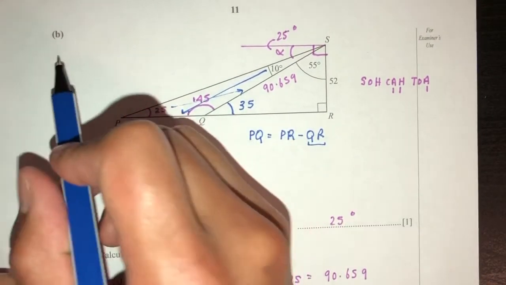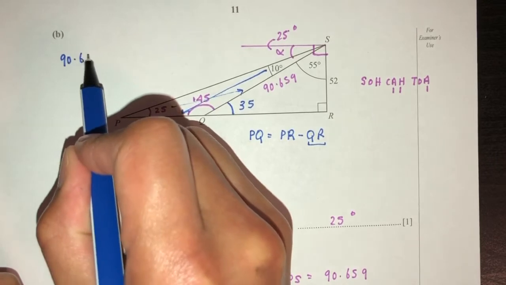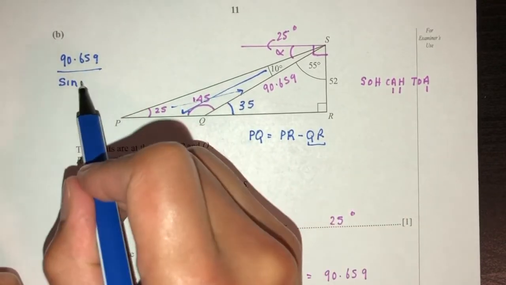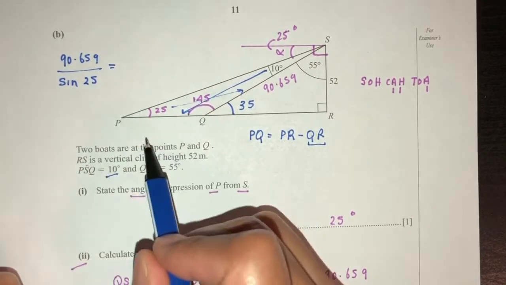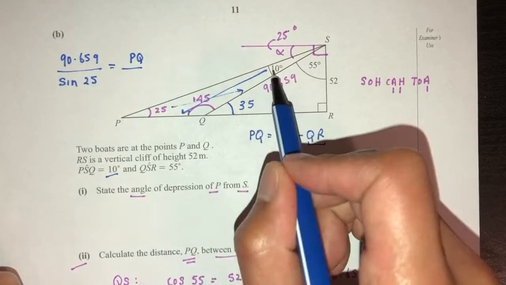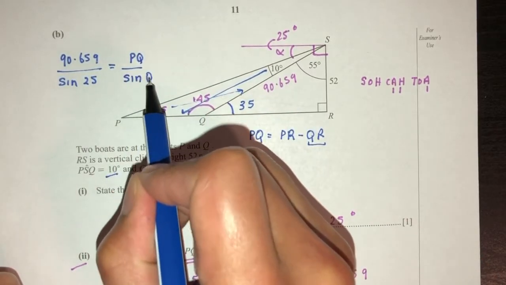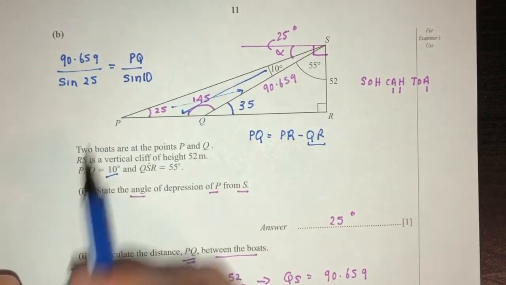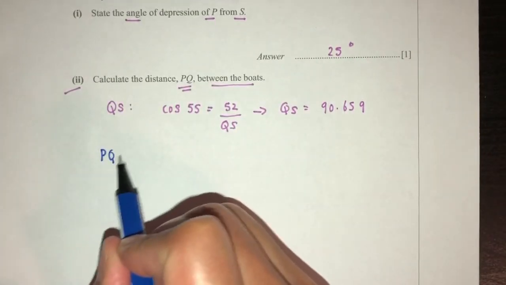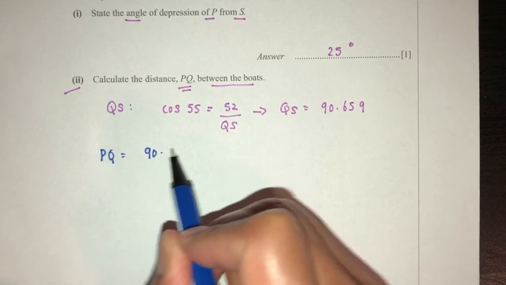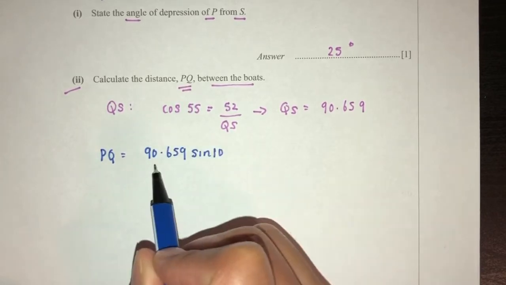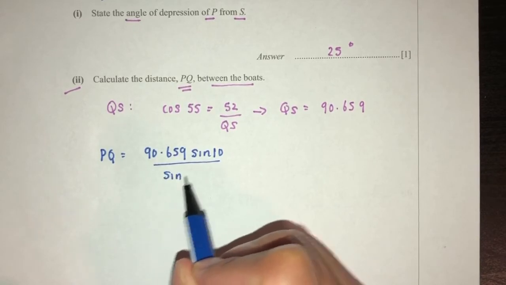This side will be 90.659 over sine of the angle 25 is equal to this side, which is PQ, we don't know, over sine of 10. So let's solve PQ for this equation. PQ is equal to 90.659 sine of 10 divided by sine of 25.